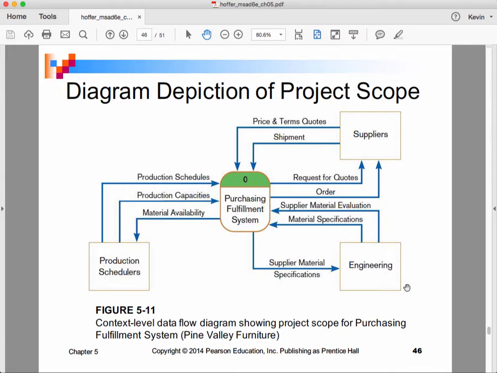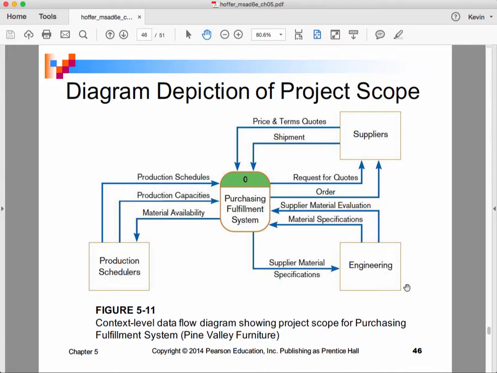And what it essentially does is it identifies the system. The rounded corner rectangle that's in the middle, labeled 0, purchasing fulfillment system, represents the system. It also represents the users of the system, both people and other systems.